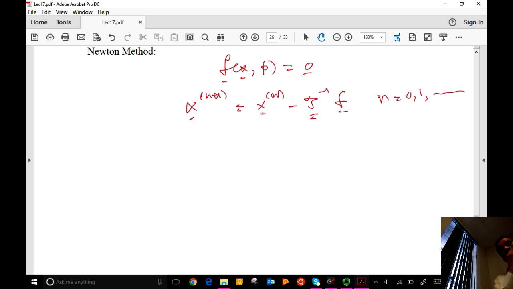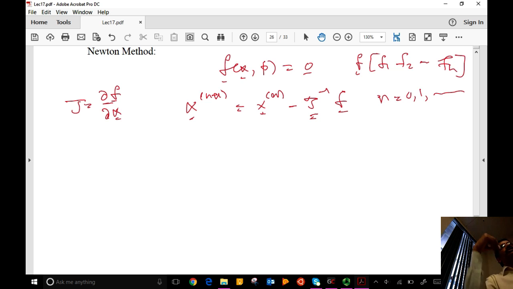What is J? J is the so-called Jacobian matrix. Okay, so it is all the derivatives of f with respect to x. Remember, f is a vector consisting of f1, f2, up to fn.